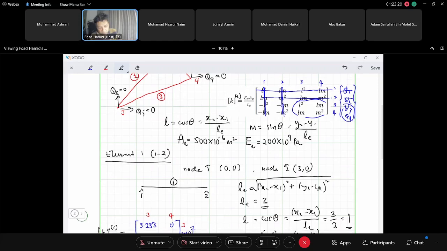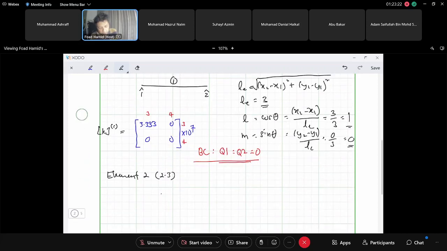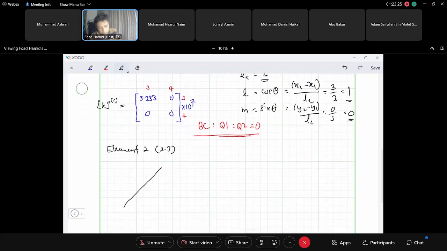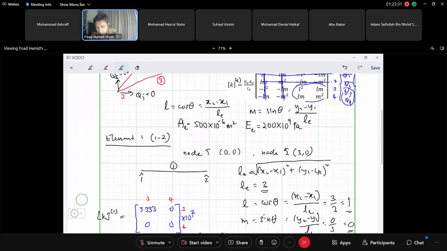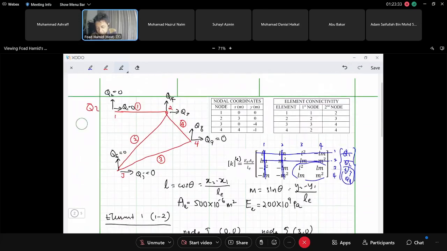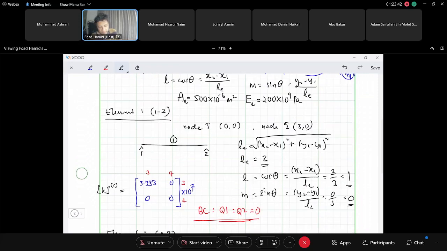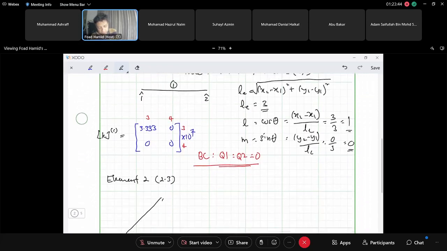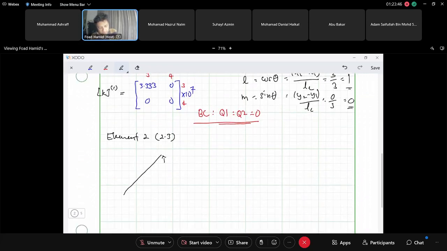If we draw the element, we know that this is global node 2 and global node 3, which means, according to this element connectivity table, the first node of element 2 is global node 2, and the second node of element 2 is global node 3. So this is our node 1, and this is our node 2.